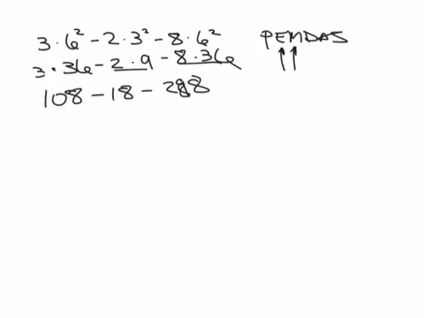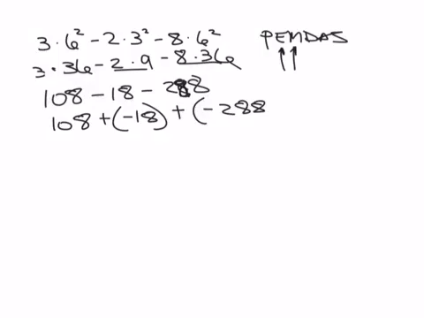Actually, it's 288. Sorry about that. Okay, so now we're going to rewrite it as 108 plus -18 plus -288. If that is 288, I'm assuming that it is.